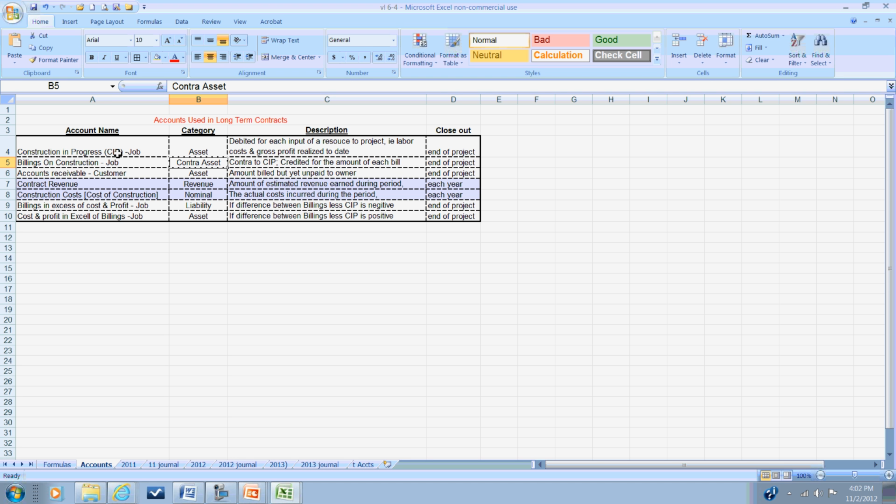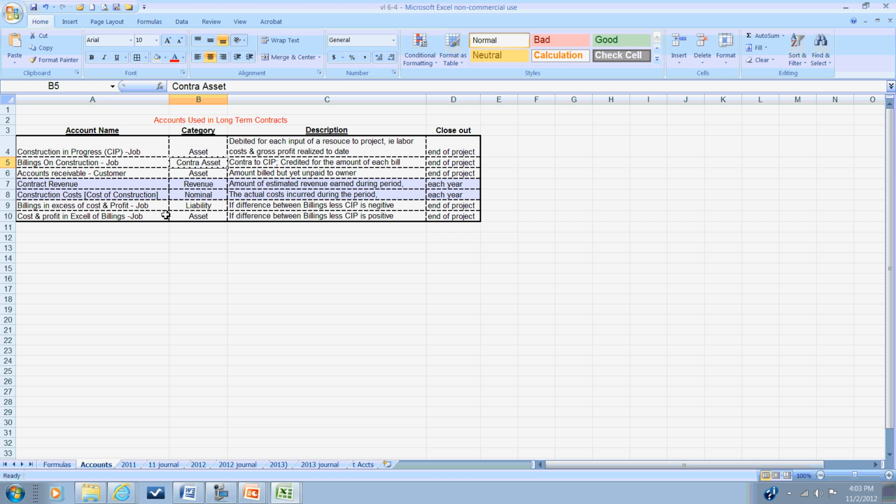Remember, construction in progress is a permanent account for the length of the project. This construction costs is a nominal account that exists only in the closing process, and it is the amount of actual costs we had for that project during the period. It gets closed out in the closing process.